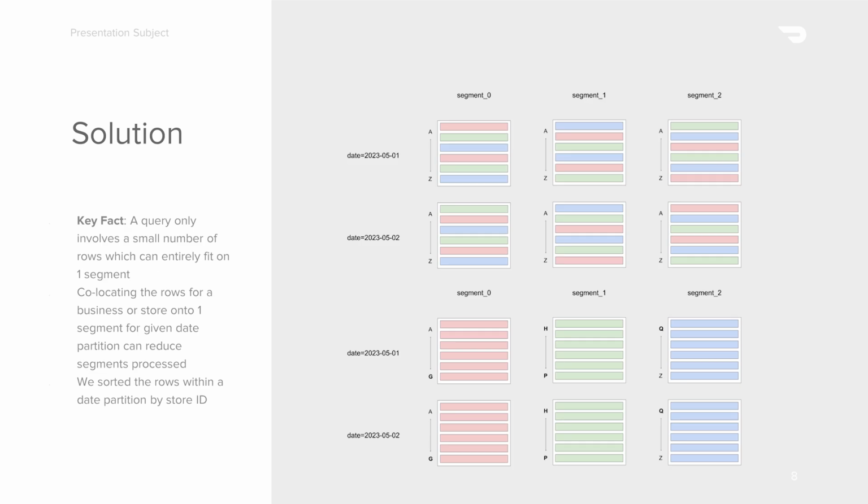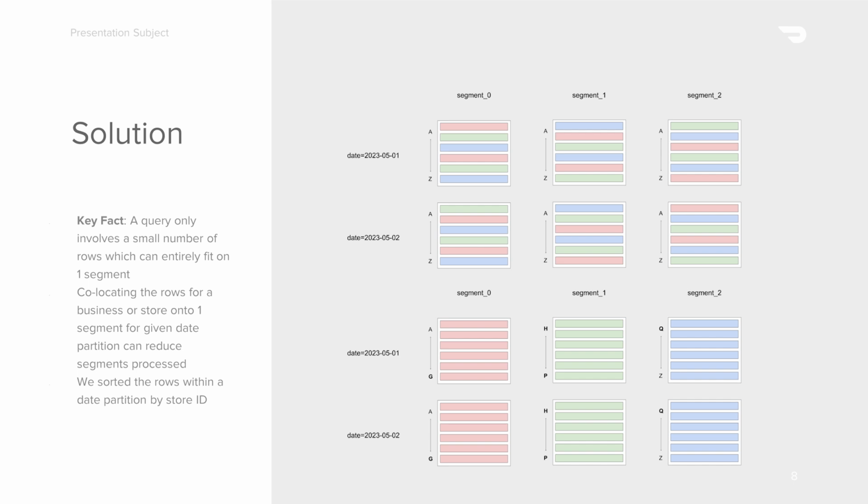The solution for us involved a key fact, which is that a query only involves a small number of rows because it only corresponds to one store or business at a time. That number of rows is going to be in the thousands, and that can entirely fit onto one Pinot segment.